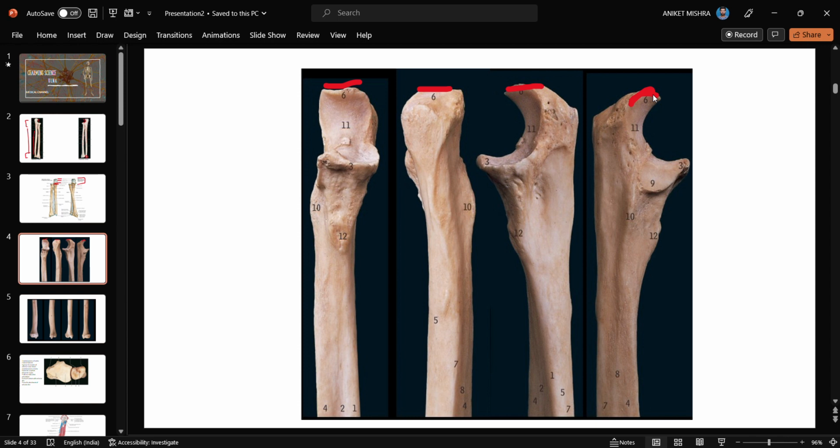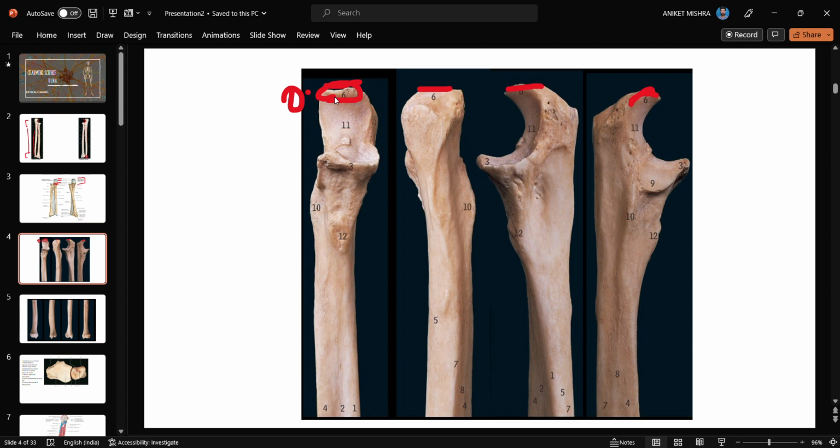It forms the upper part of the trochlear notch. In the first figure, this is the anterior surface, and it forms the upper part of the trochlear notch.